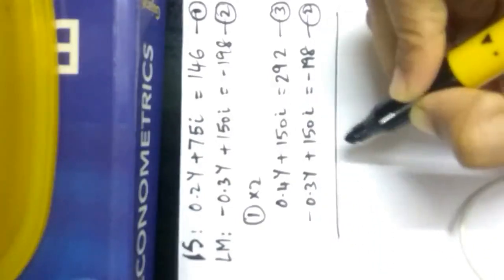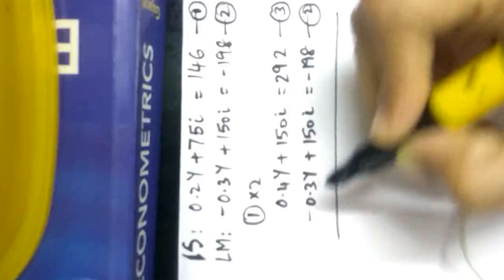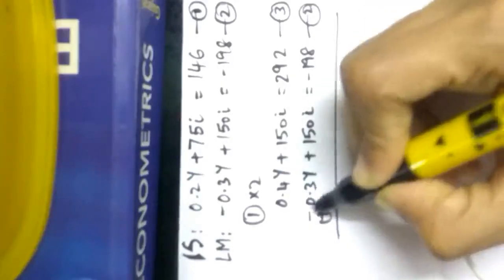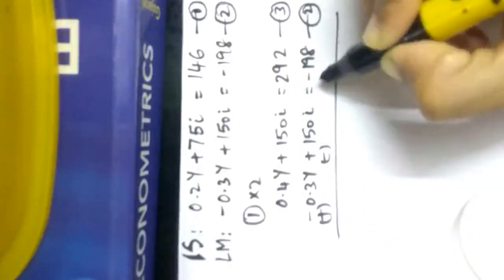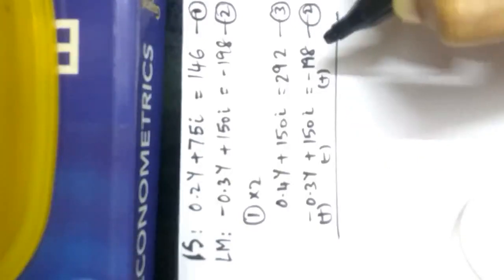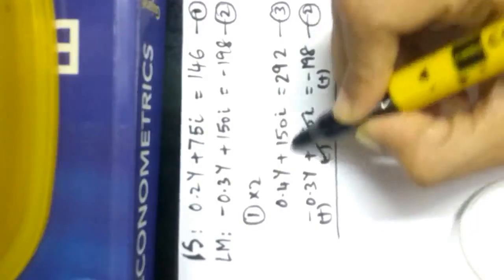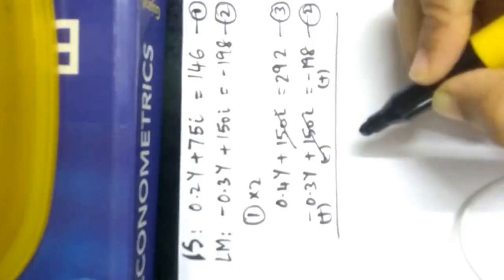If I want to eliminate i, I'll need to subtract the two equations. If I'm subtracting, that means I should change the signs of every term in the second equation. So plus and minus 150i get cancelled out.